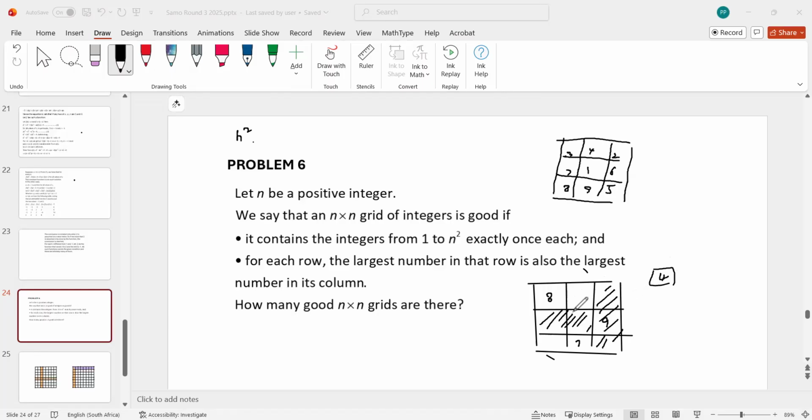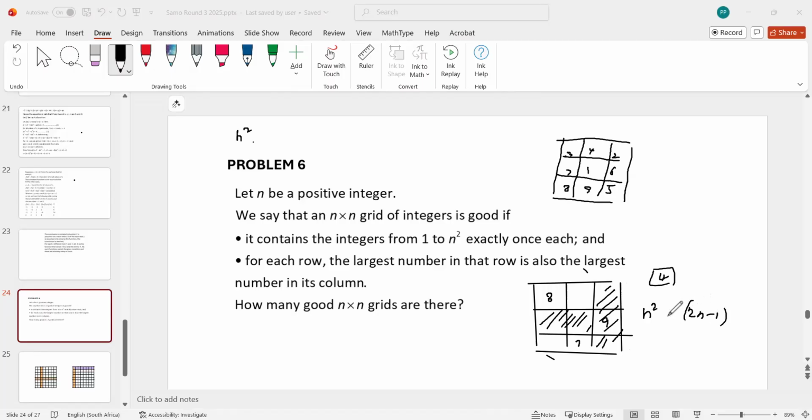So the question is now, how many squares remain when you choose the second largest number? So originally you had n squared, and you're going to eliminate the row and the column in which that occurs. You've got n here and n here, which makes 2n, but don't count that twice. So it's 2n minus 1.